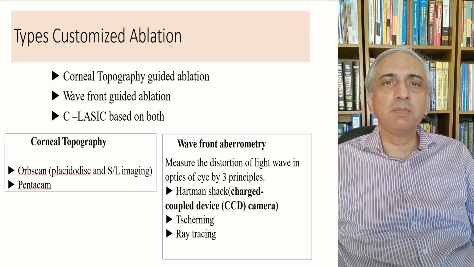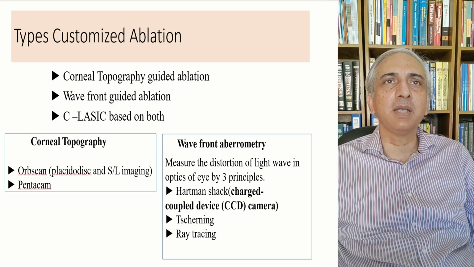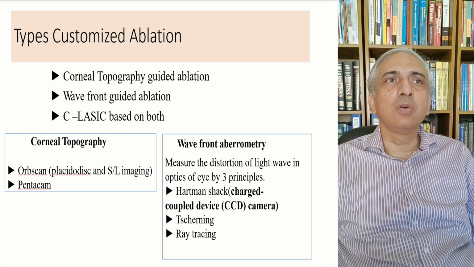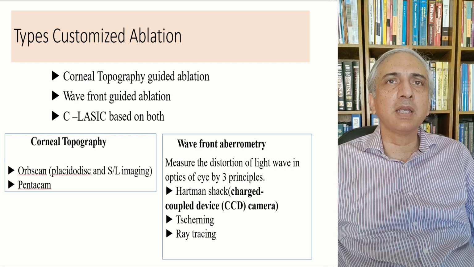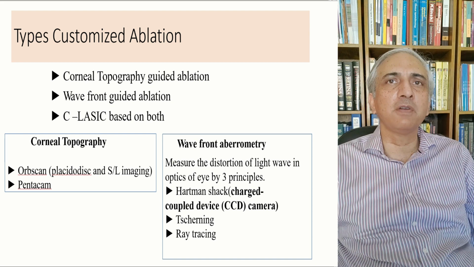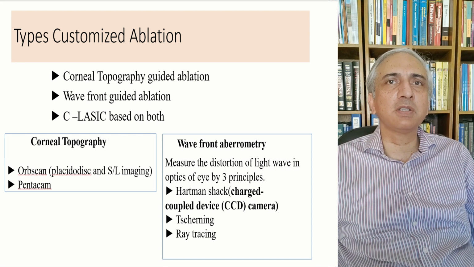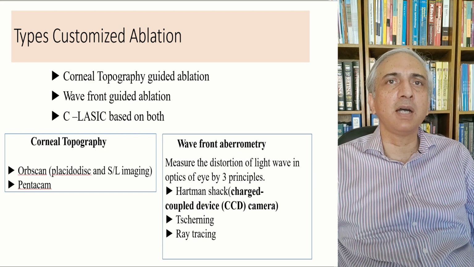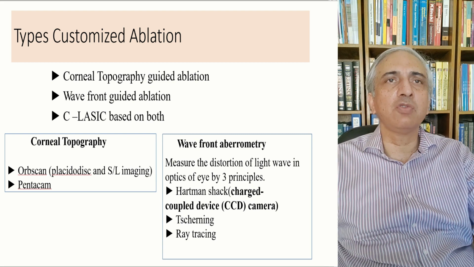The types of ablations you can get are corneal topo-guided ablation, wavefront-guided ablation, or C-LASIK based on both. For corneal topography you use an Orbscan or a Pentacam, and for wavefront you use a wavefront aberrometer to measure the distortion of the light wave in the optics of the eye by the principles of Hartmann-Shack, Tscherning and ray tracing.